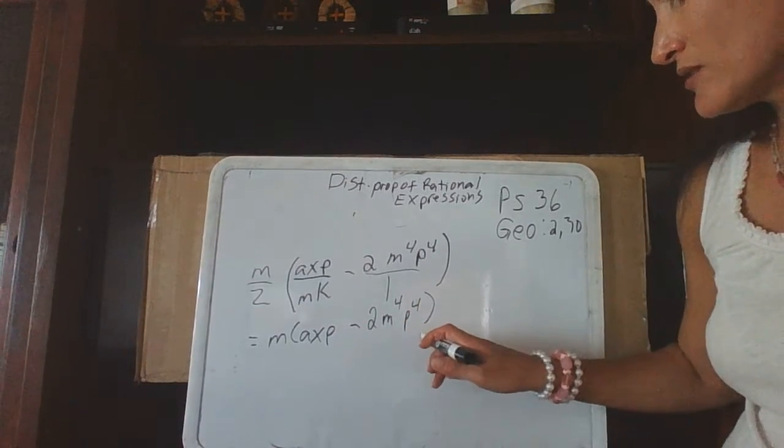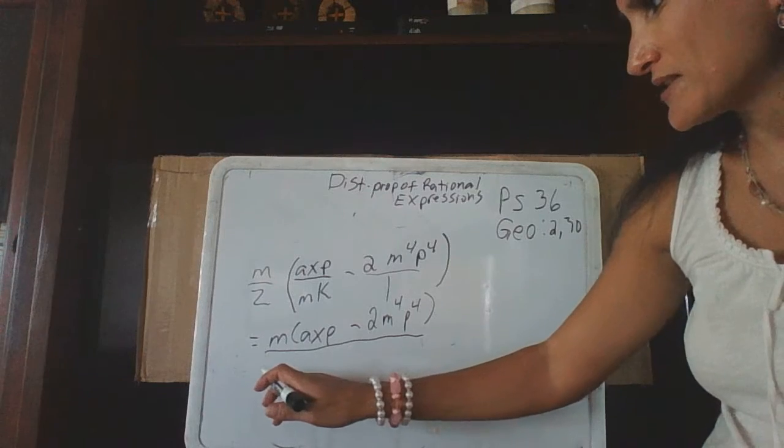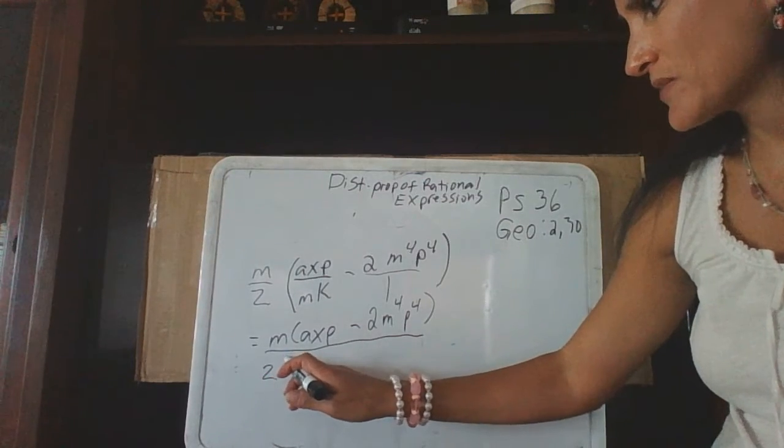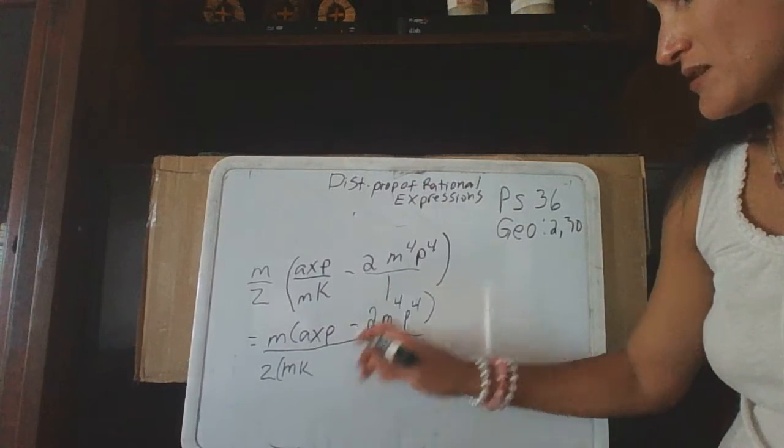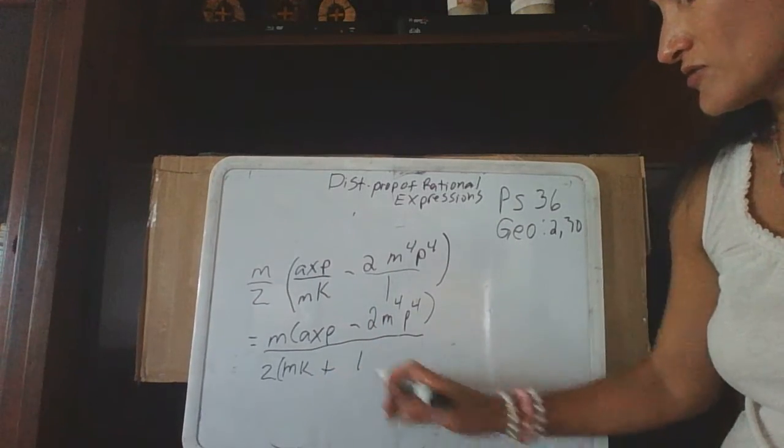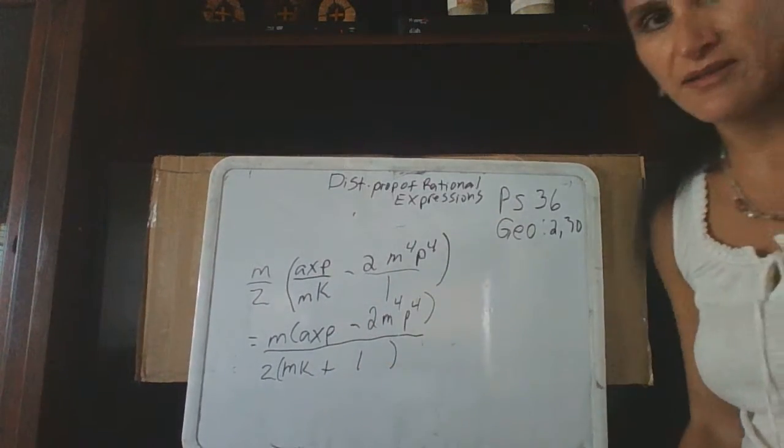That's my numerator. Then I'm going to write one denominator, and I'm going to say zmk, and then remember that this is a positive 1, not a negative, over 1. And then close your parentheses, okay?